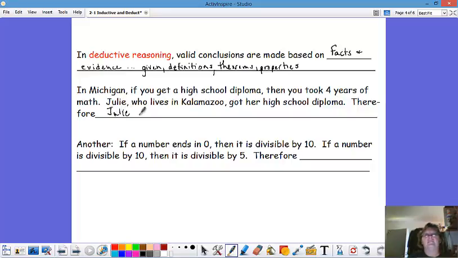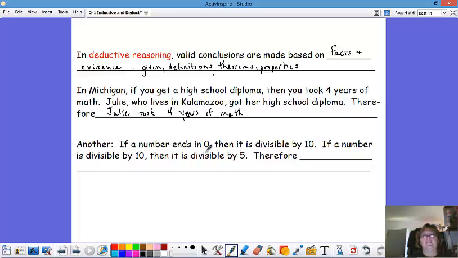See, that's deductive reasoning. Based on facts, based on evidence. Kalamazoo is in Michigan. She got her diploma, so she must have taken 4 years of math. Deduction.